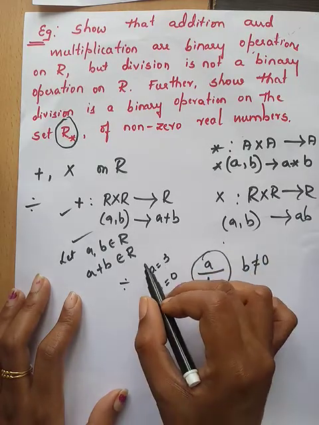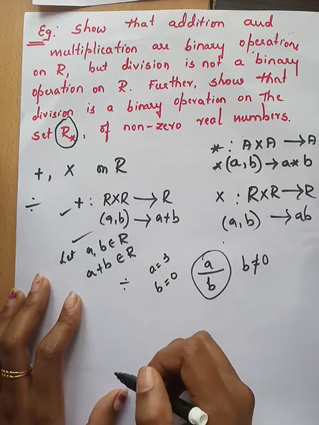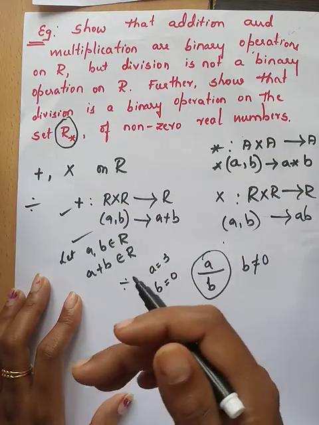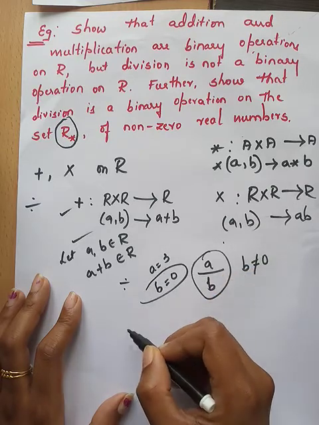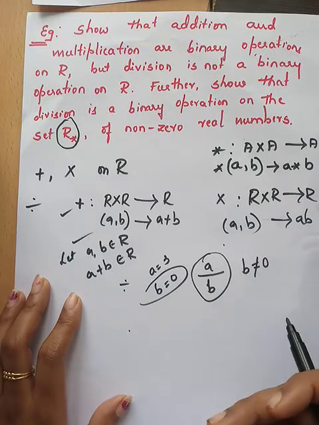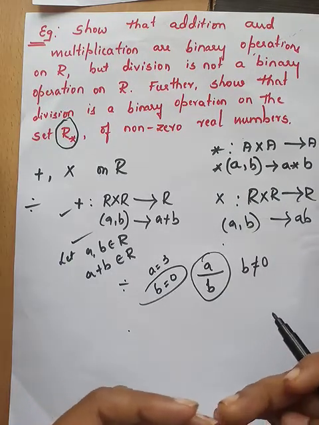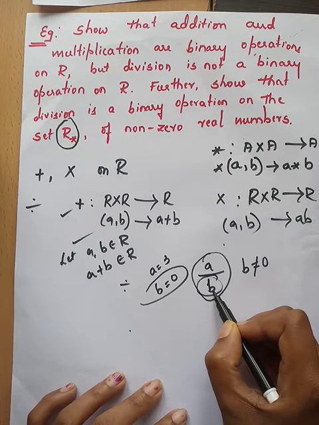But the given set is nothing but the set of real numbers, which means even 0 belongs to the real numbers. So I can take any values for a and b, which means I can take b is equal to 0 as well. But division is defined only if the denominator term cannot be 0. Only then is the division defined.